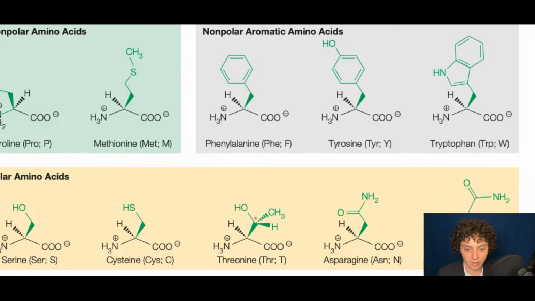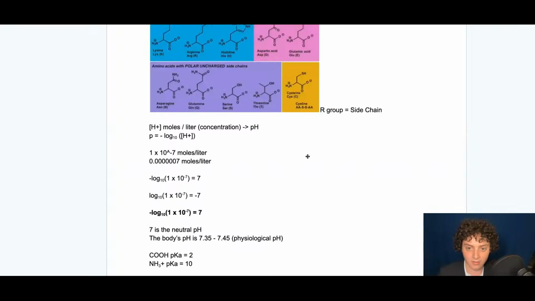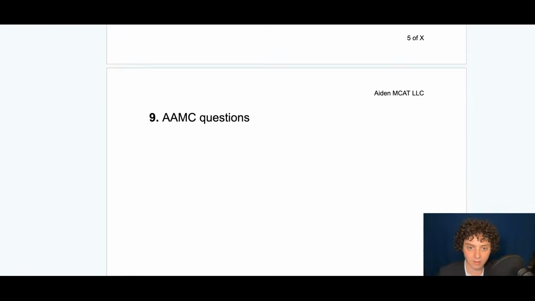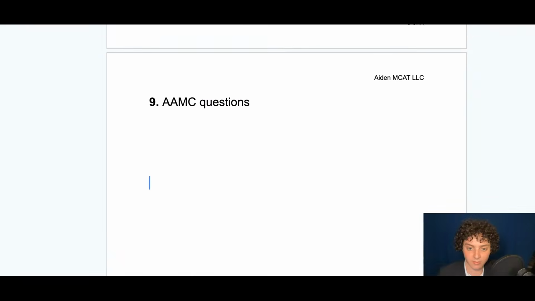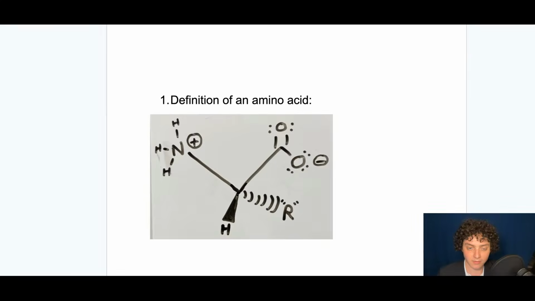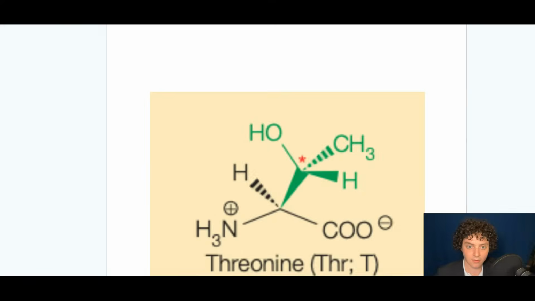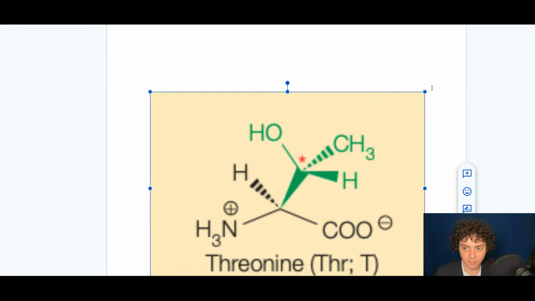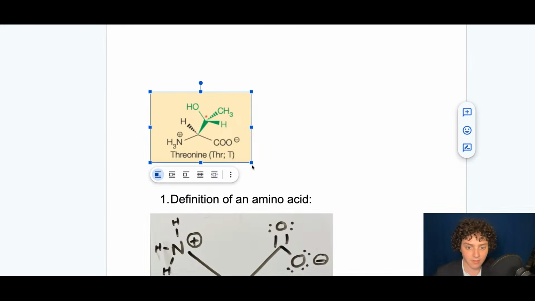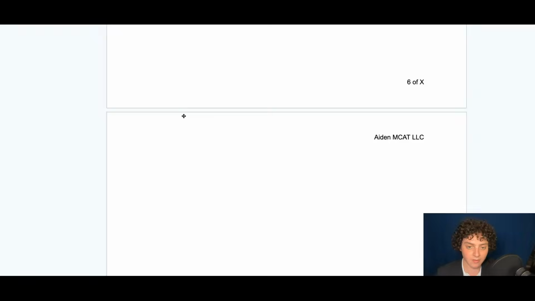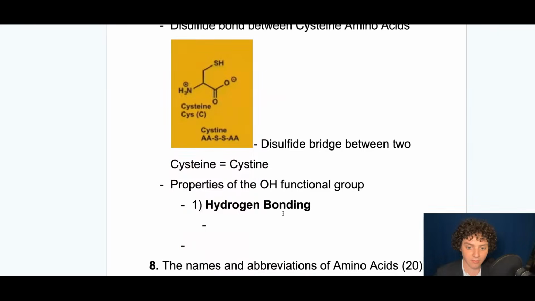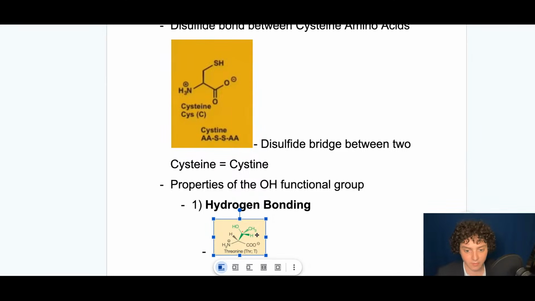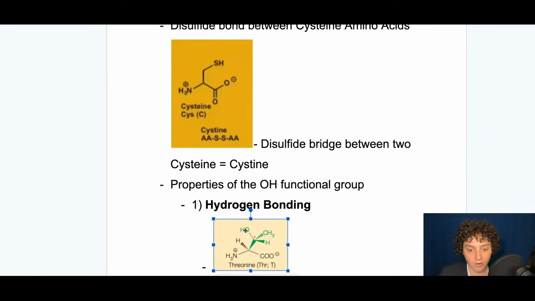I'm going to use this amino acid as my example for hydrogen bonding, because its R group is a CH3, which is pointing out from us in this picture, and an OH.